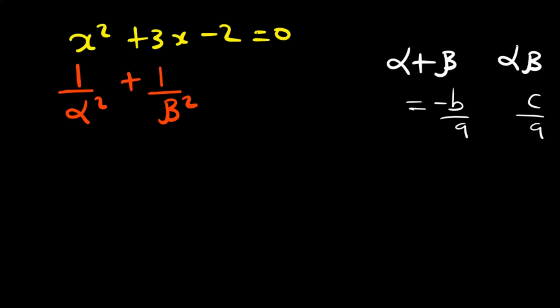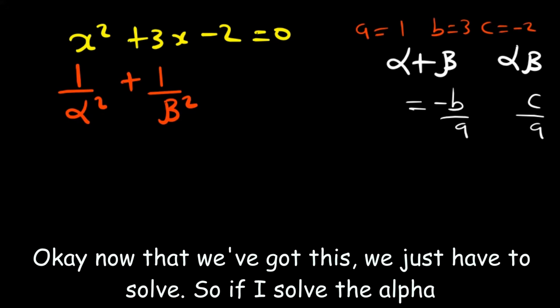Now what is our a, what is our b, what is our c? So from our equation, we're able to see that a is equal to 1, b is equal to 3, and c is equal to negative 2. Okay, now that we've got this, we just have to solve.